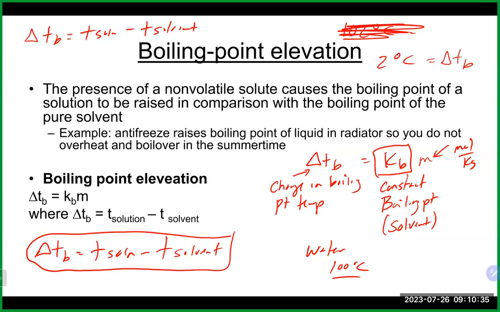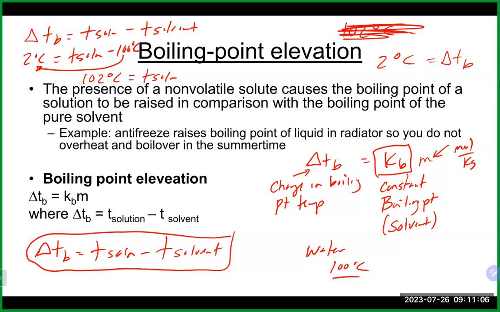And if this was water again, in this case, that would be 2 degrees Celsius equals the temperature of the solution minus 100 degrees Celsius. We're now going to add that to the other side rather than subtract if you did it backwards, and you will get a solution that will boil at 102 degrees Celsius. So again, solution minus solvent for boiling is important, just as solvent minus solution is for freezing. It will get you adding and subtracting correctly when you are asked that.